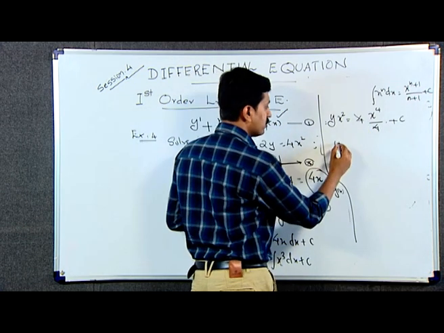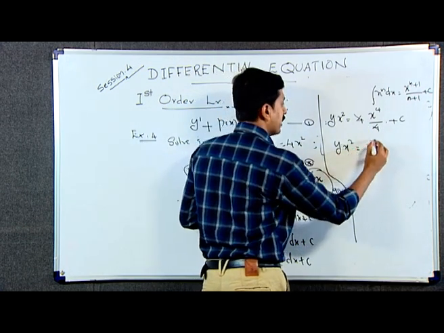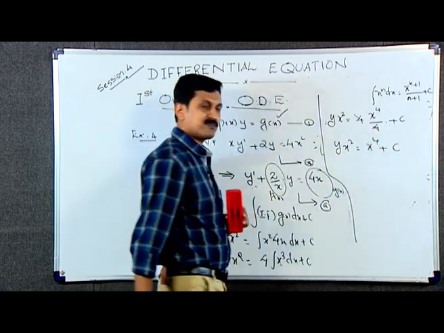Therefore, y x square is equal to x raised to 4 plus c, which is the general solution.